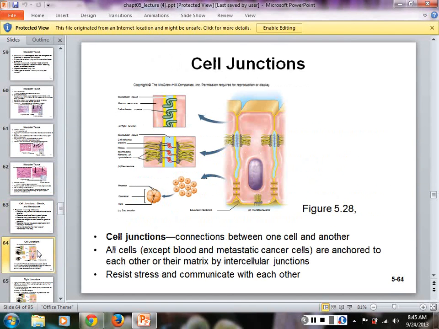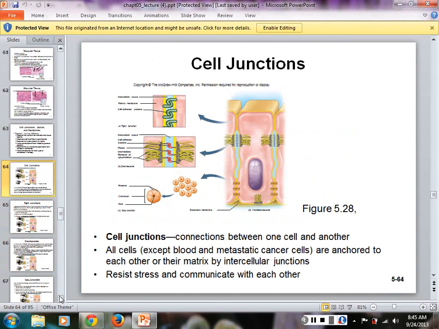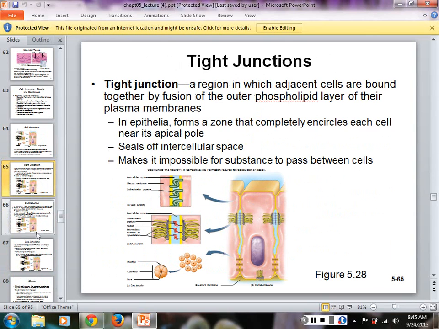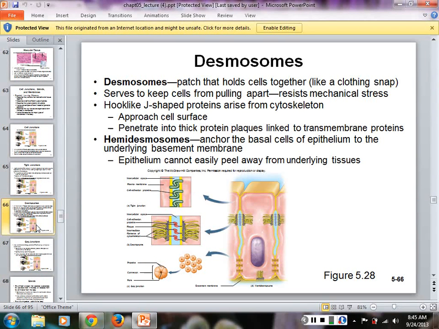Moving on. Cell junctions. Tight junctions. Desmosomes. I'm going to mention desmosomes. These are cell junctions. Page 166, 167, you can read about it.